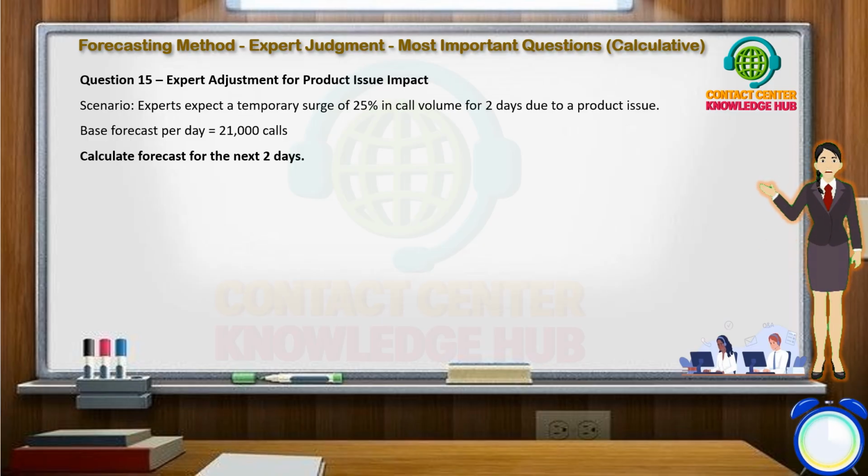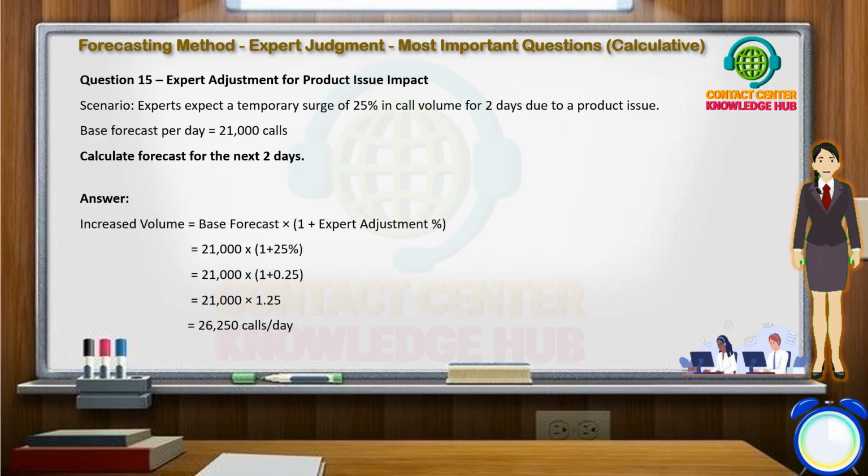And the answer is here. In this scenario, experts anticipate a temporary surge of 25% in call volume due to a product issue. This increase is expected to last for 2 days. The base forecast per day is 21,000 calls.